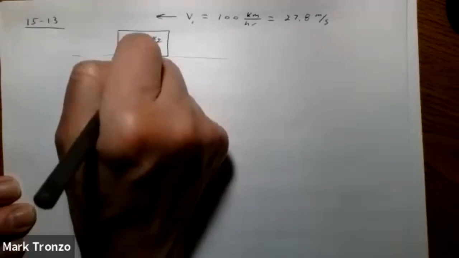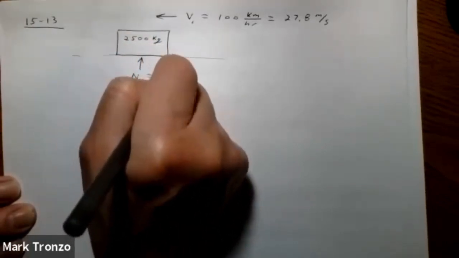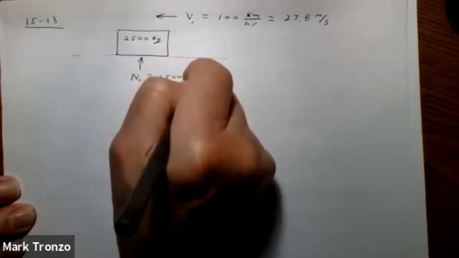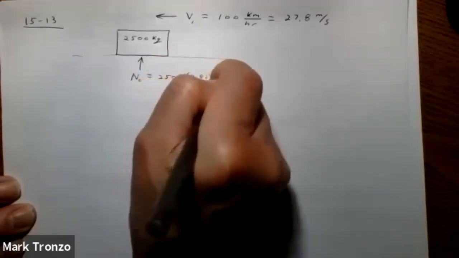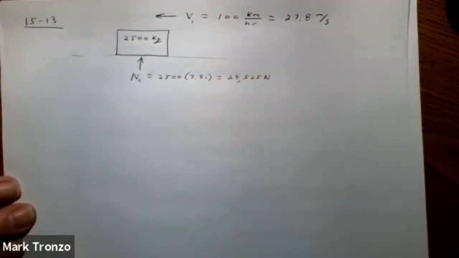And once again, look at the reaction here. This is going to be 2,500 times 9.81, 24,525 newtons. And we're going to apply the brakes, and the speed is going to decrease.